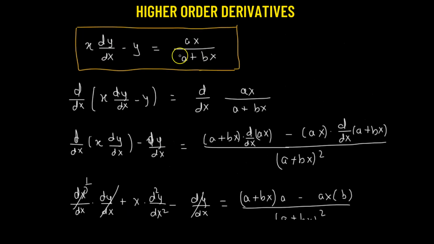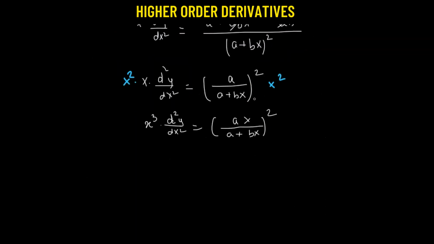Because we can replace ax divided by a plus bx with this expression, which is x times the first derivative of y with respect to x minus y. So that means x cubed times the second derivative of y with respect to x equals, in place of ax over a plus bx, we can replace it with x times the first derivative of y with respect to x minus y, whole squared. And this was what we were asked to prove.